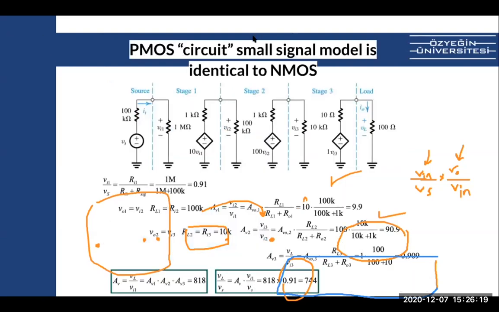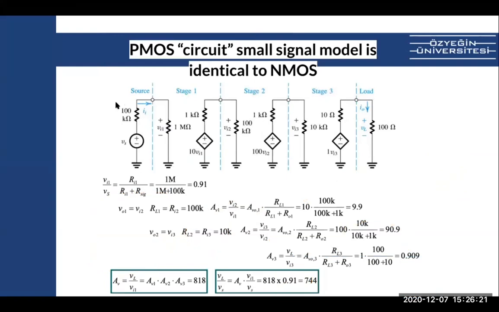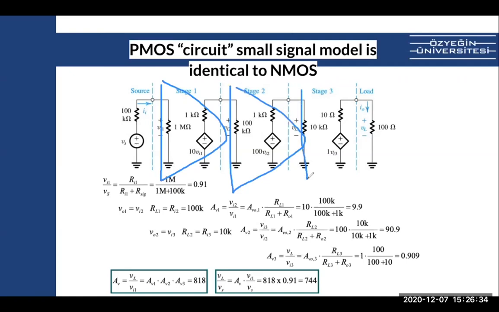So you can have different stages cascaded. Basically, you can have stage 1, stage 2, stage 3. I'm drawing it like an op-amp, but it's like an amplifier. In the op-amp, you also have that one.